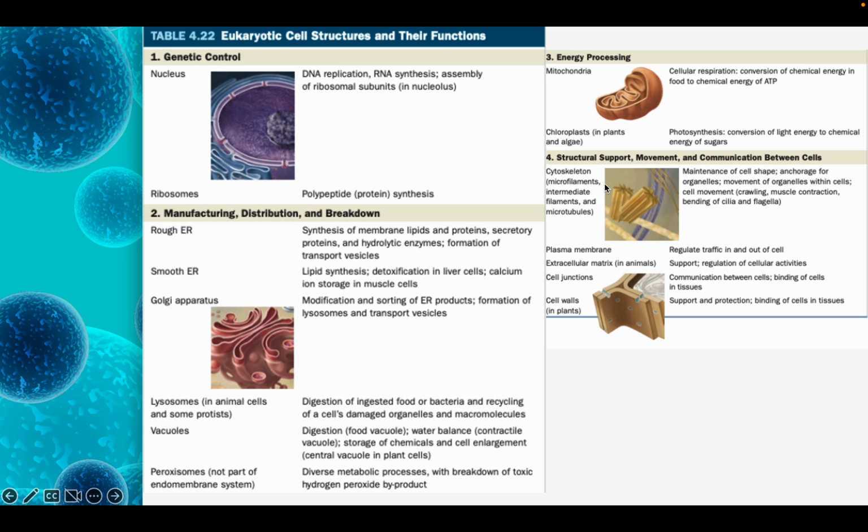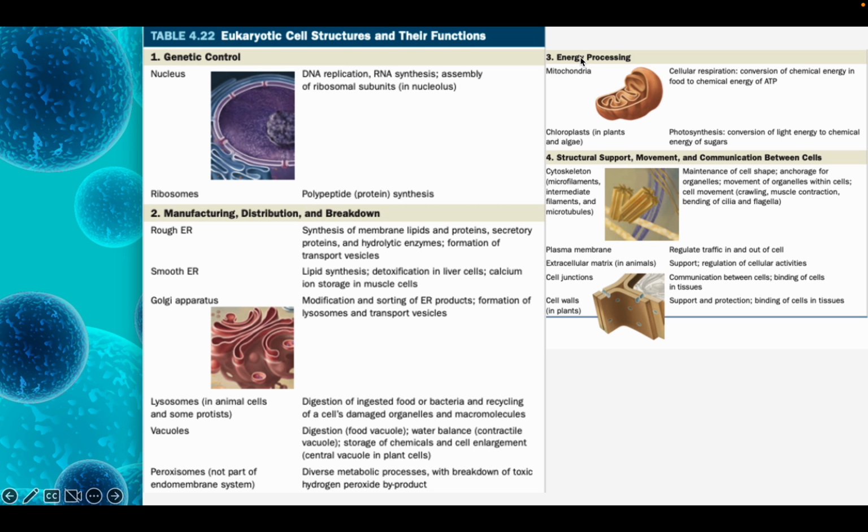So these organelles, they are grouped into 4. The genetic control, we have nucleus and ribosomes. For manufacturing, distribution, and breakdown, we have rough ER, smooth ER, Golgi apparatus, lysosomes, vacuoles, and peroxisomes.